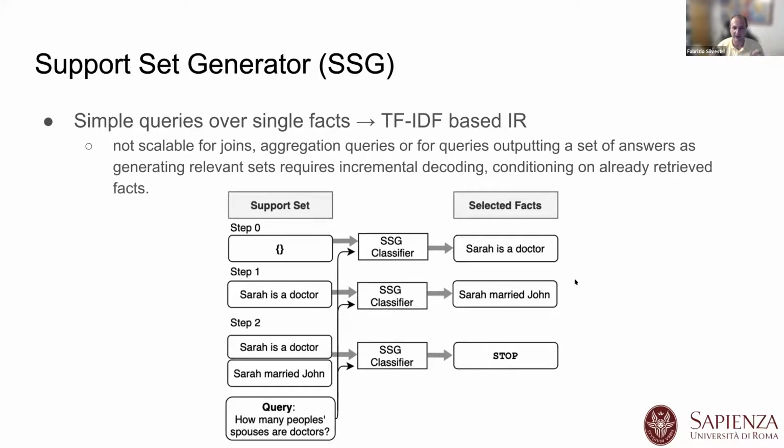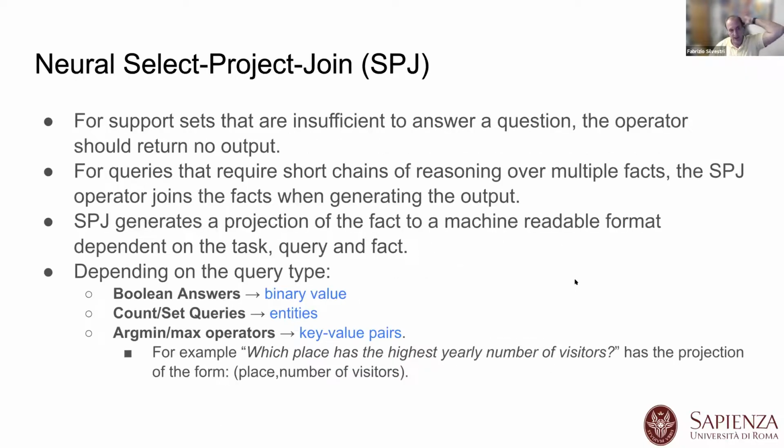This is the SSG classifier. You try to understand if the set of facts is relevant for your query. If not, you go ahead and retrieve more facts, and you repeat this until your classifier says stop, this is enough. And then you split these selected facts and you send them to the Neural SPJ.